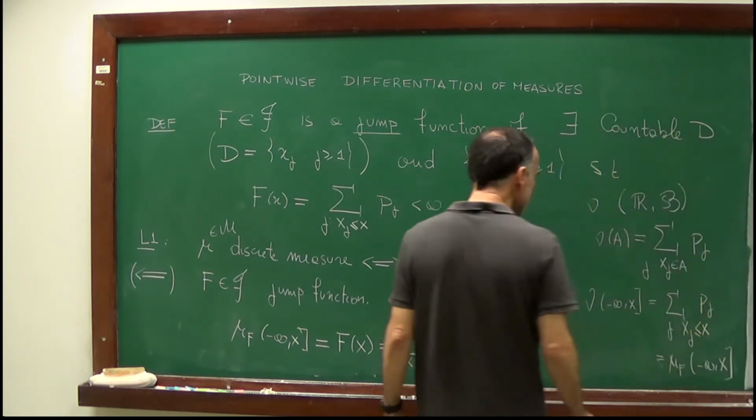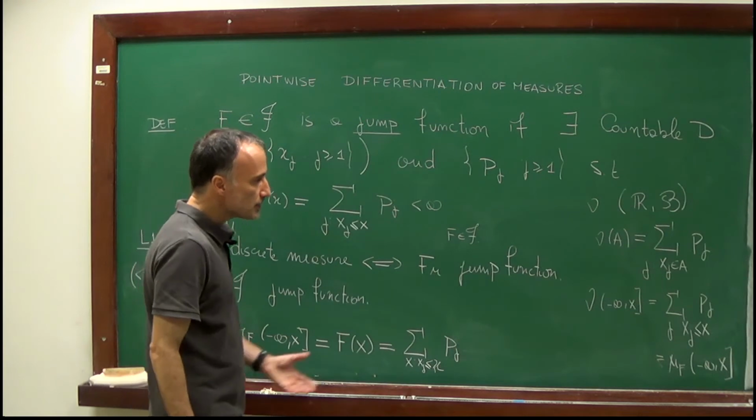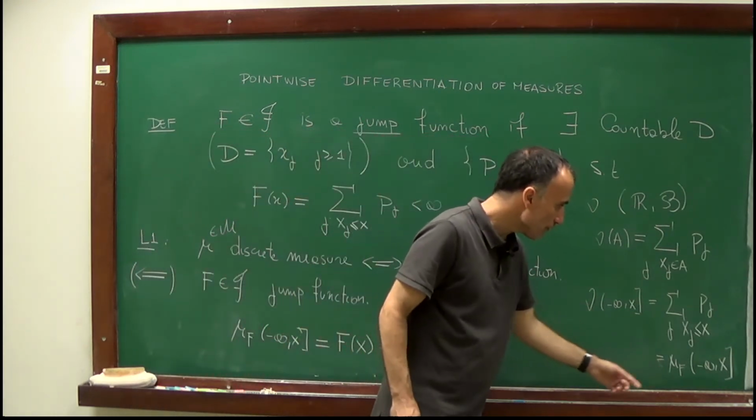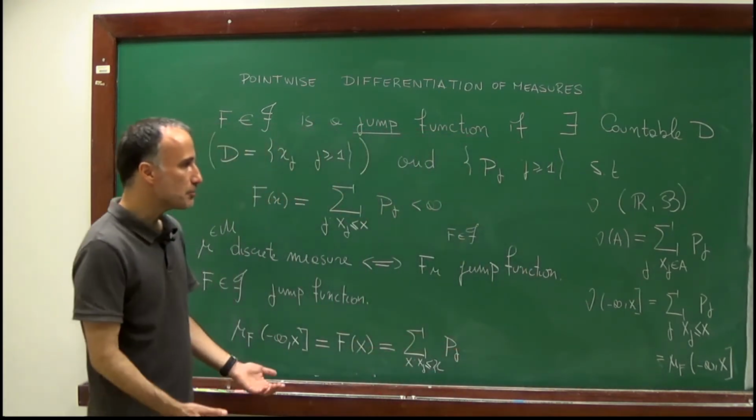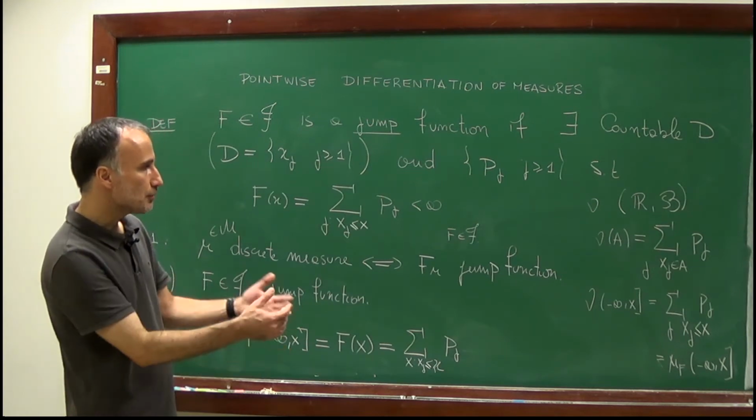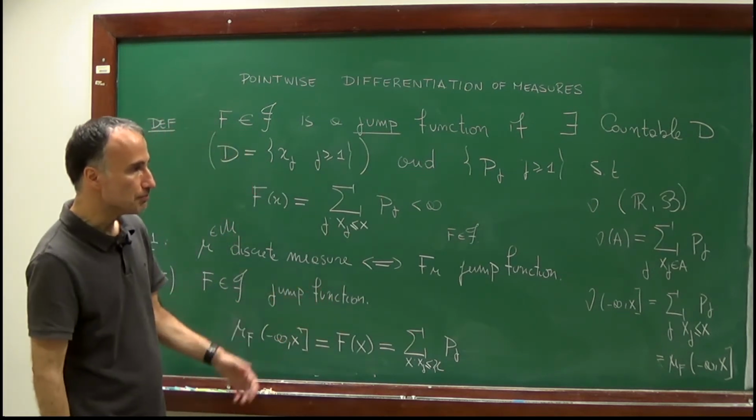So we have this identity for all x, and this means that the measures nu and mu f coincide on the semi-algebra generated by the intervals a, b.